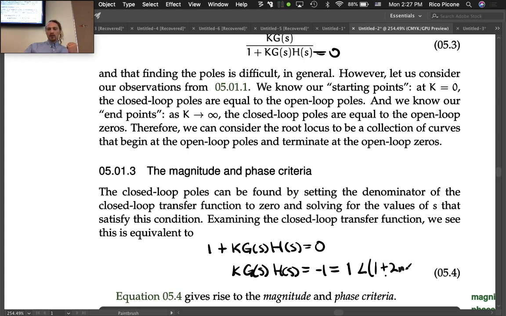2m pi, where m is an integer. So m is a member of the set of integers, which is Z with the double strike.